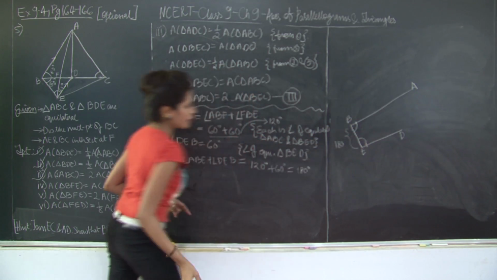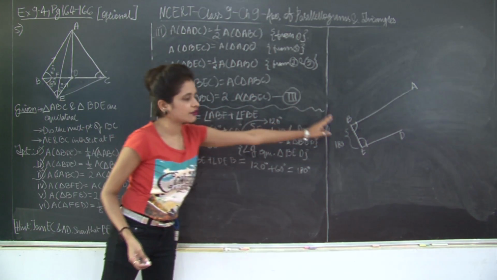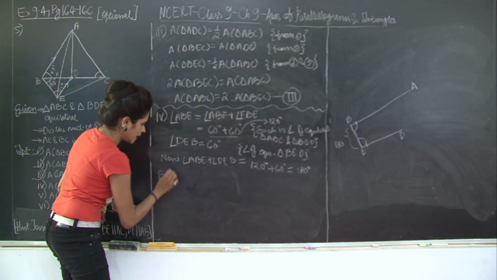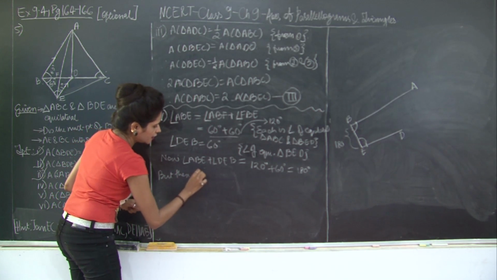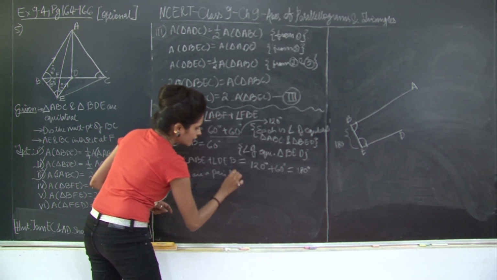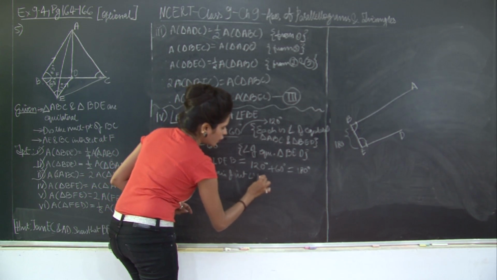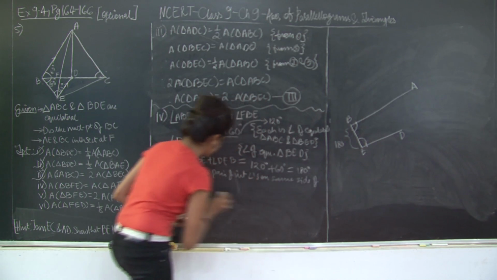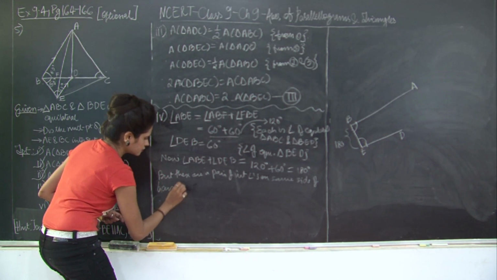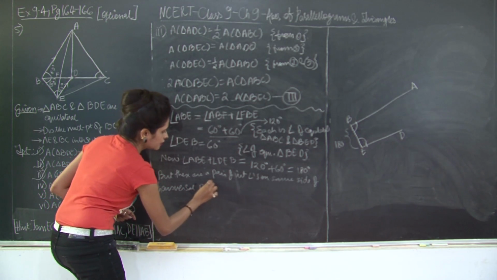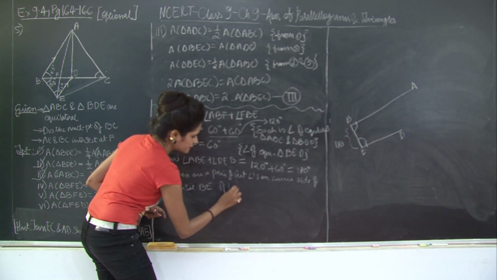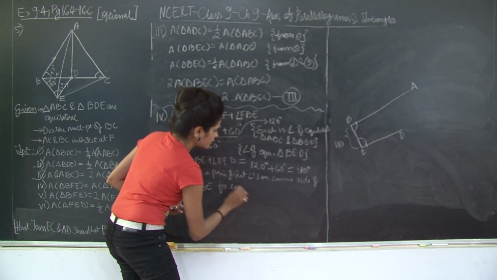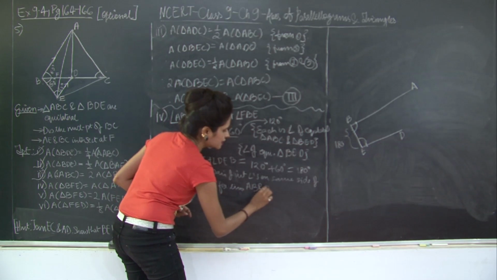But these are a pair of interior angles on the same side of transversal BE for lines AB and DE.